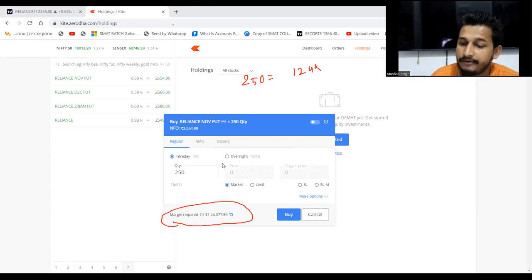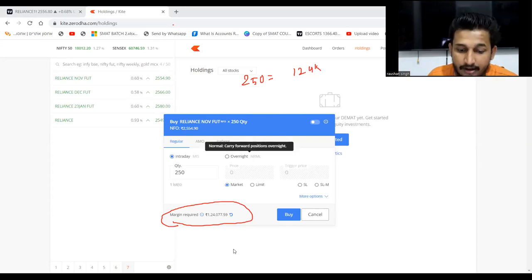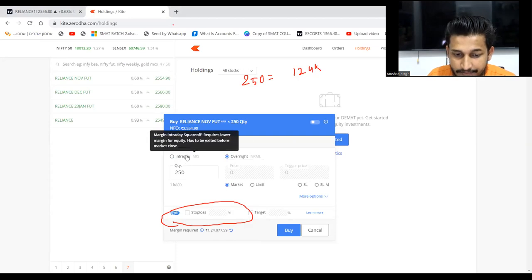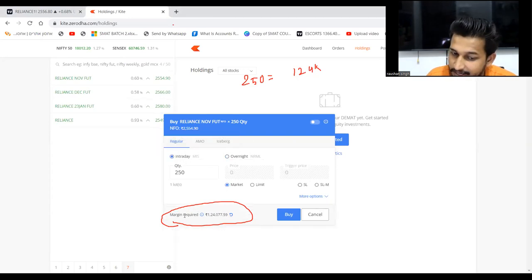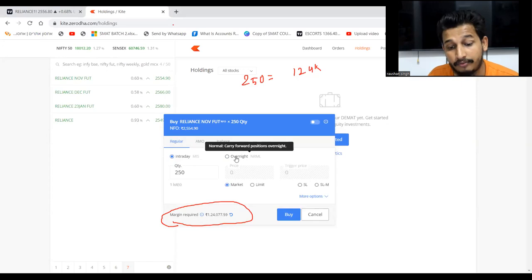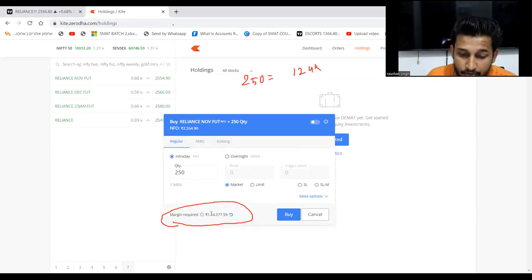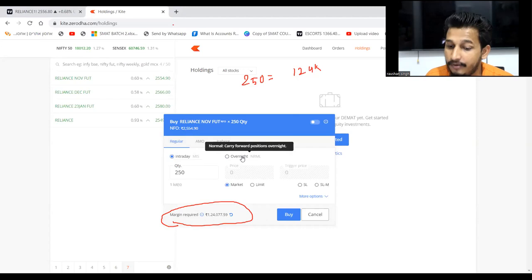If you want to hold it for a week or up to the date of expiry, you have to choose overnight. For that also the same price. Can you please notice this? For intraday, the same amount of money, and for carrying it for more than a day, also the same amount of money.